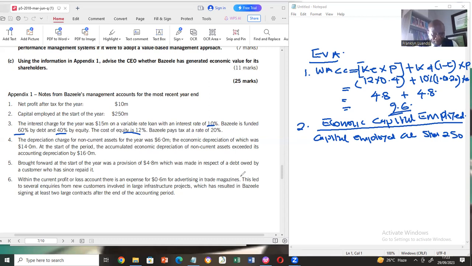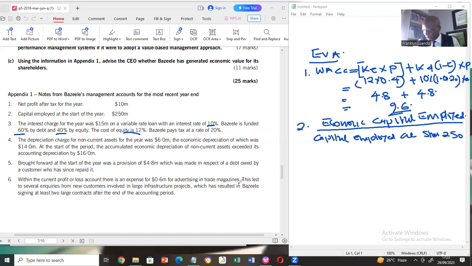So we check depreciation charge for non-current assets for the year. That is not at the beginning. The economic depreciation of which was, no, that was during the year. Now the last part there, the accumulated economic depreciation of non-current assets exceeded its accounting depreciation by 16.